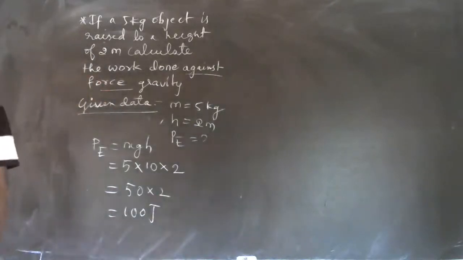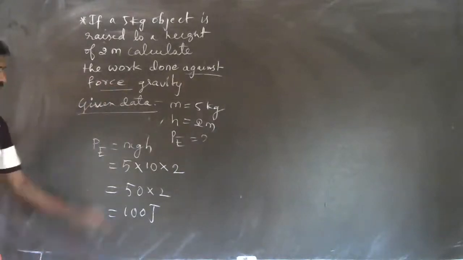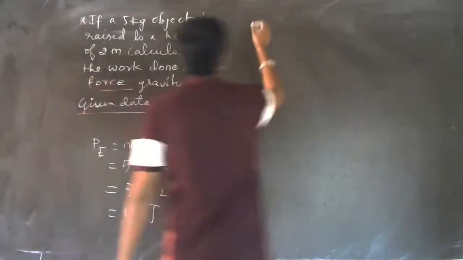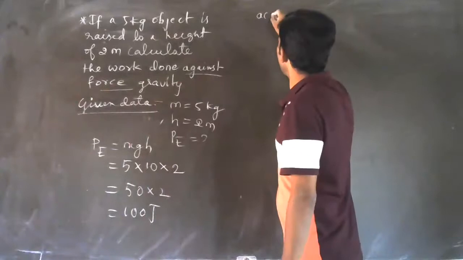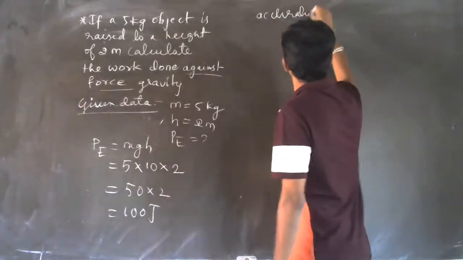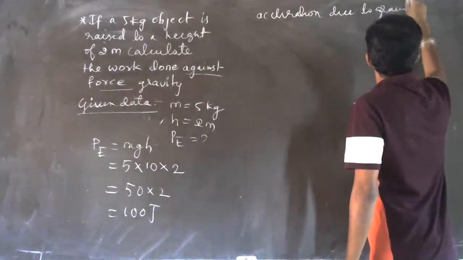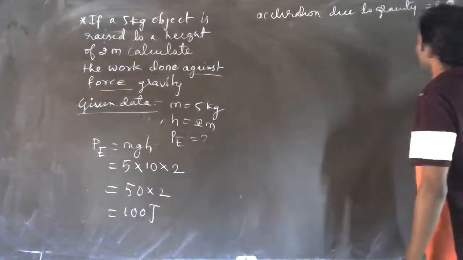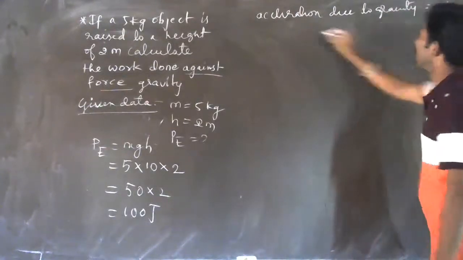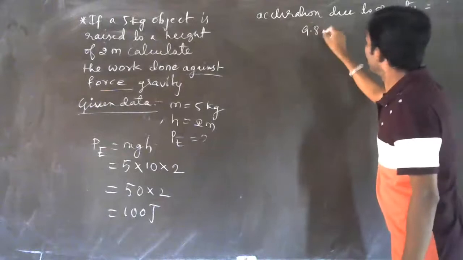Actually, acceleration due to gravity is 9.8 meter per second square.